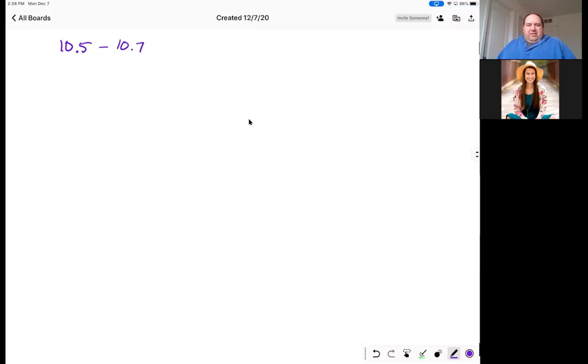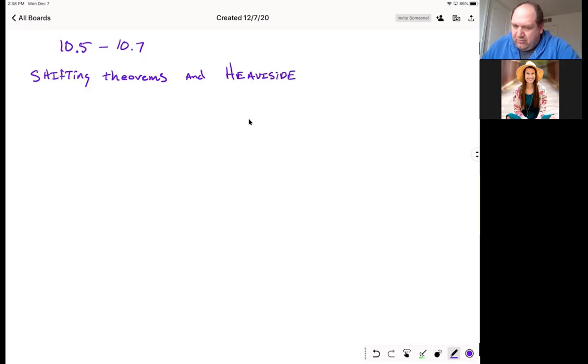And we have all of it, I'm calling the shifting theorems, and what's called the Heaviside function. Now, by the way, some people call shifting theorems different things.